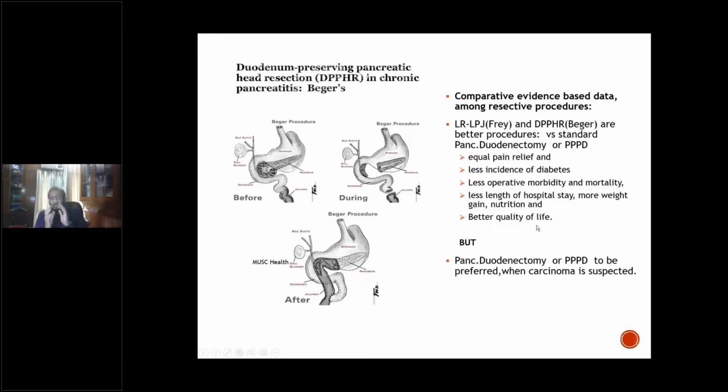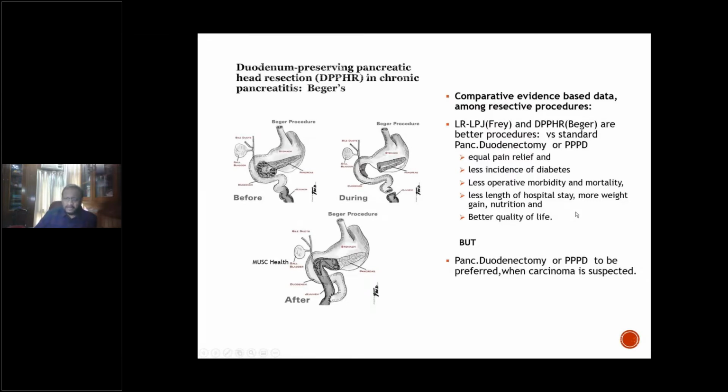So on all counts, if you're doing a Whipple's or a pylorus preserving Whipple's, you will have inferior results as far as morbidity and ultimate results are concerned, as compared to a modified Whipple's in the form of either a Frey's or a Berger's procedure. In either of these, you'll have much better results.